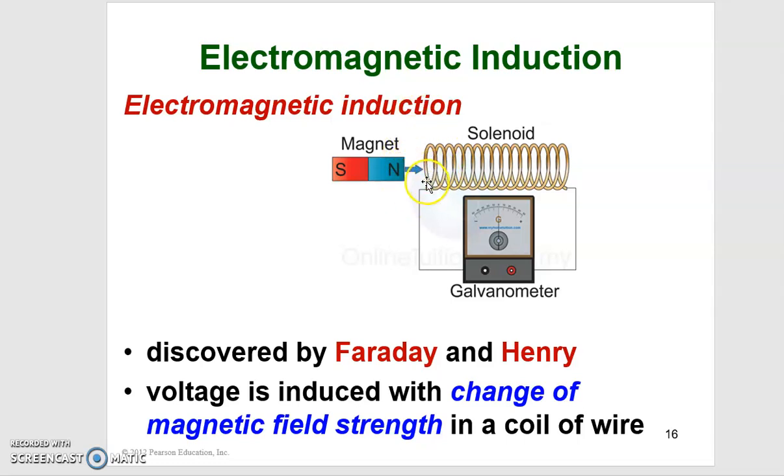Therefore, nature will produce an induced magnetic field, and its direction is north pole here and south pole here. If the induced magnetic field is north pole here, then north pole and north pole do not like each other, so they will try to stop and prevent the bar magnet from moving in.